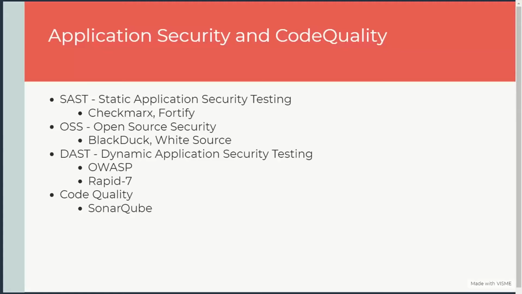For example, the Checkmarx server will be there, and then the Checkmarx client and scanner. We will run a particular command, and it will zip the code base and send it to the server, which will analyze the code and show the metrics. This is static application security testing.